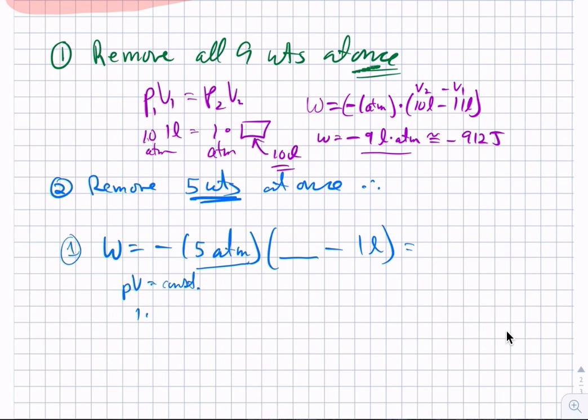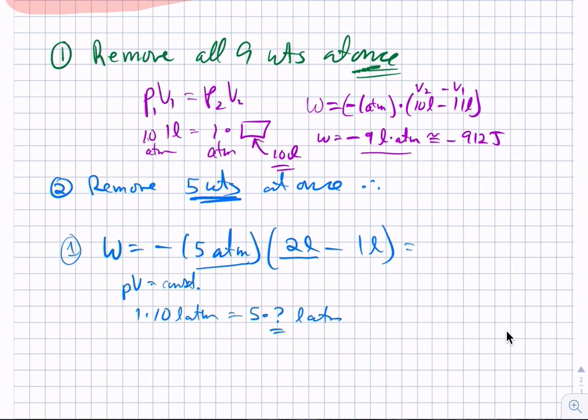So therefore 1 times 10 liter atmospheres is going to equal 5 times question mark liter atmospheres. And so that means the volume has to be 2. So we're going to go from 1 liter to 2 liters at 5 atmospheres of external pressure.